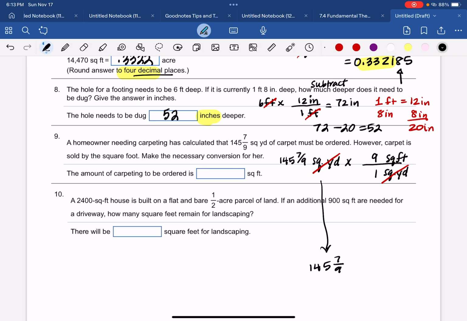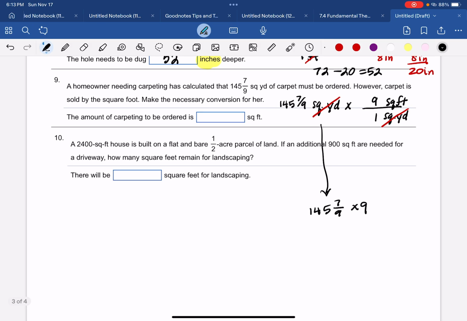7/9 times 9. Now, you can't multiply a mixed number times anything. It needs to be in the fraction format. So we need to do 145 times 9 plus 7 over 9. That's how you change a mixed number over to an improper fraction.